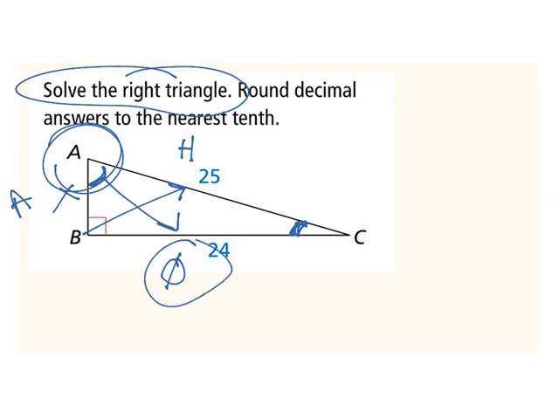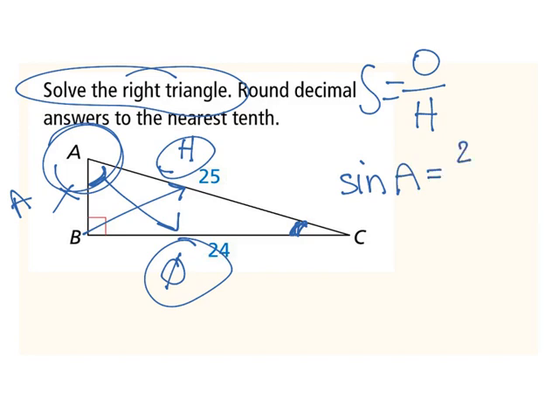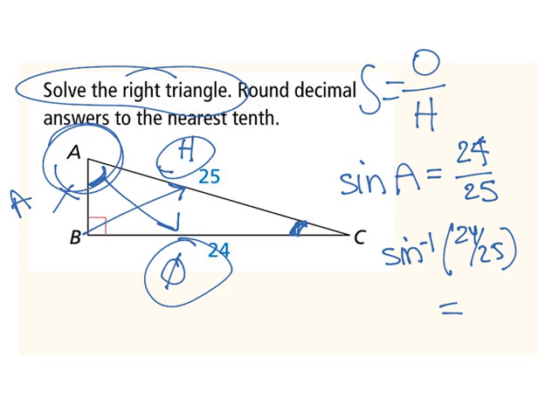So that means we're going to have opposite and hypotenuse, which would go opposite over hypotenuse, and that equals sine. So the sine of A equals opposite over hypotenuse. Again, second sine, you'll notice on the calculator it looks like that. 24 over 25, and we get, let me type, 73.7 degrees. So that means that angle is 73.7.